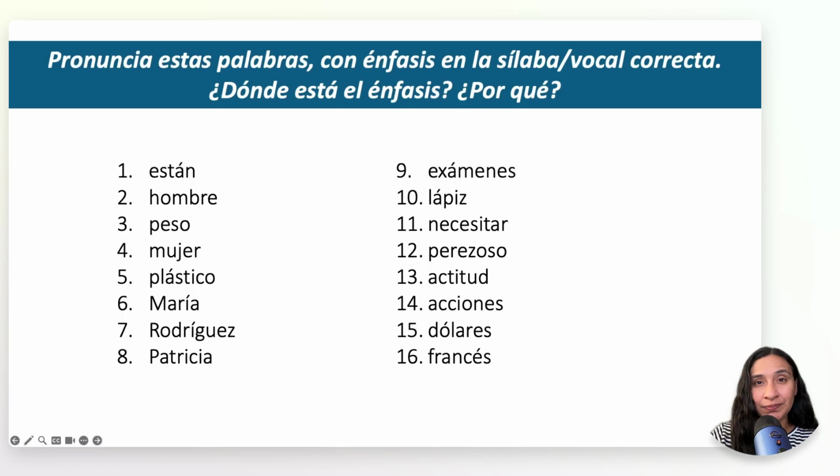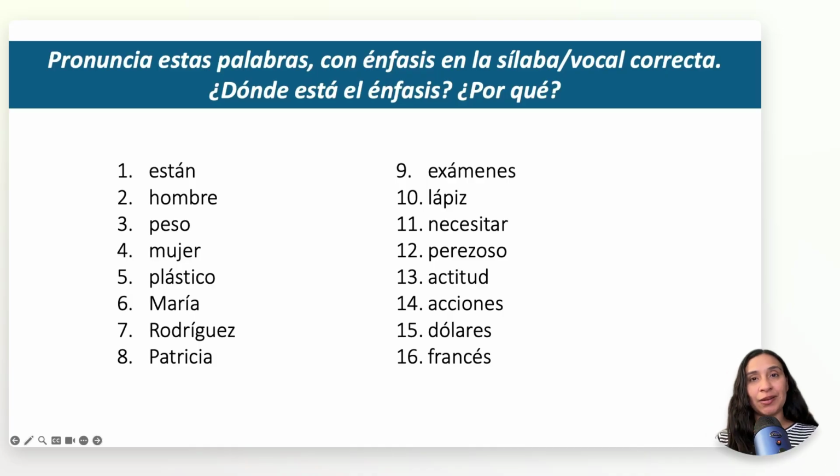So están, hombre, peso, mujer, plástico, María, Rodríguez, Patricia, exámenes, lápiz, necesitar, perezoso, actitud, acciones, dólares, francés.